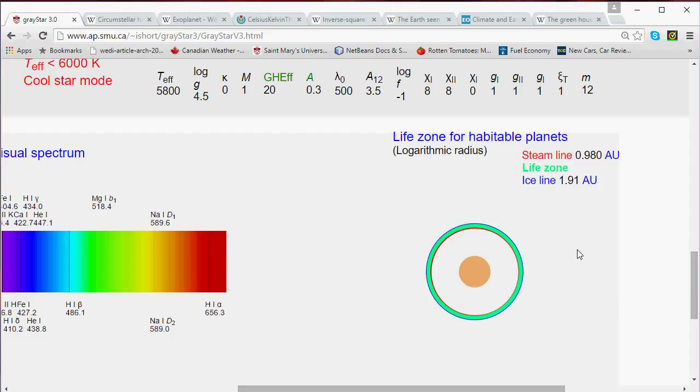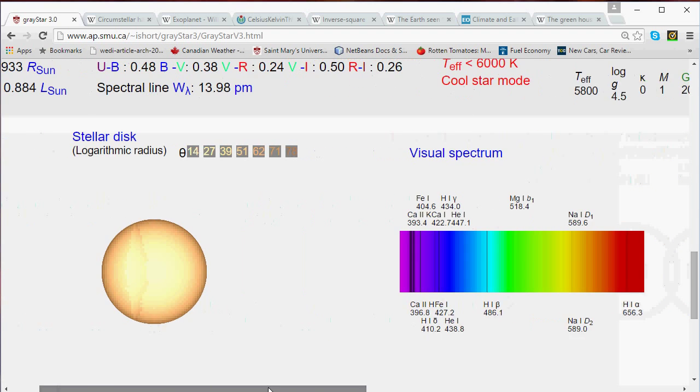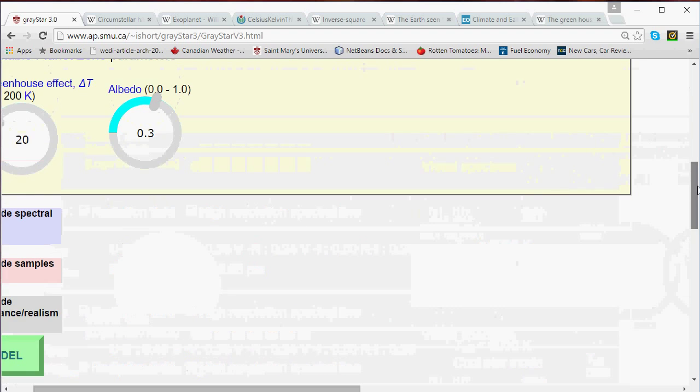And that's actually a realistic result, that when people model this situation with more realistic research codes, they find the same thing, that Earth is closer to the inner edge of its habitable zone than to the outer edge. It's not centered in its habitable zone. So part one of this activity would be for students to do some experiments with Graystar, adjusting the greenhouse effect.